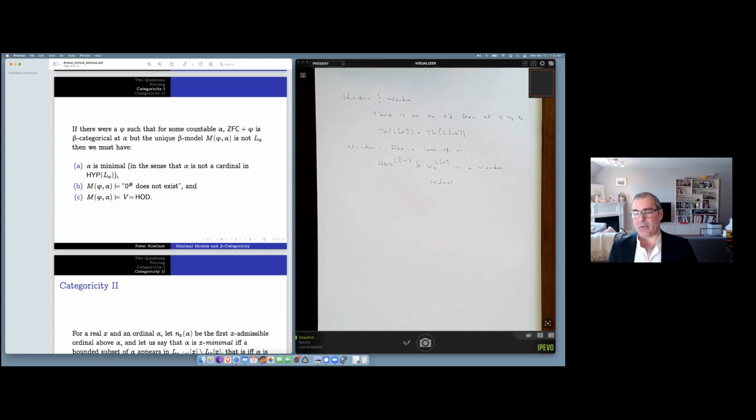So the behavior of Hod can radically change. Questions about it are sensitive to the background universe. But the remarkable thing is that when you look at Hod in the context of a determinacy model, it becomes very well structured.